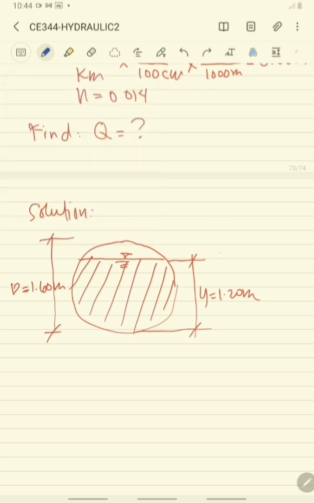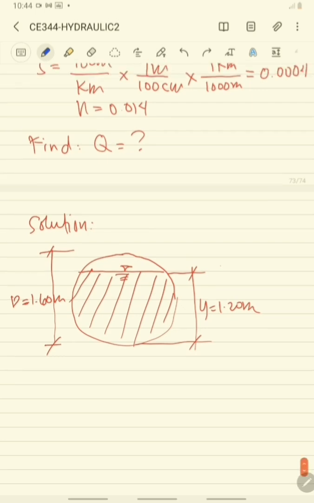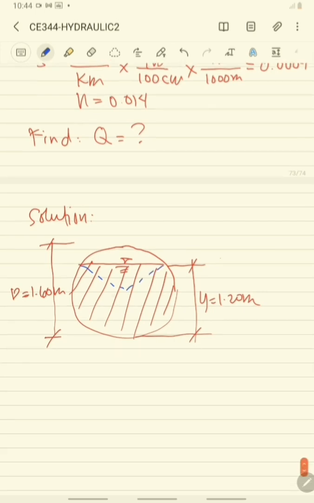Okay, so I have to make this this way. So this will be now the area of a sector and the area of a triangle. This is my beta. The beta there is the wetted angle.